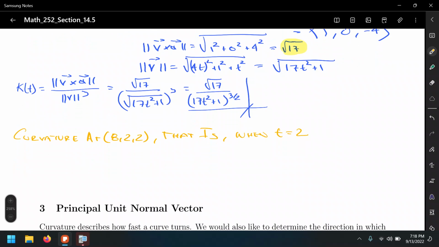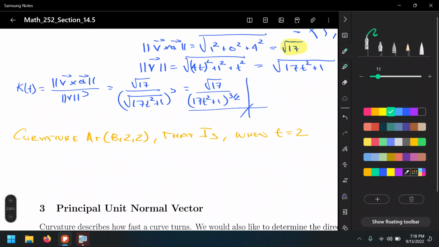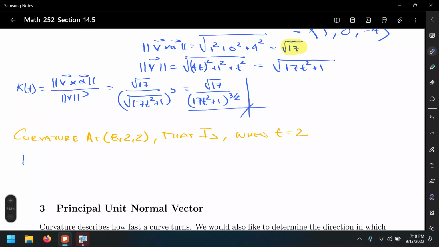All right, and just plug in 2 into the curvature formula. So that's k of 2, that's root of 17 over 17 times 2 squared plus 1 to the 3/2.